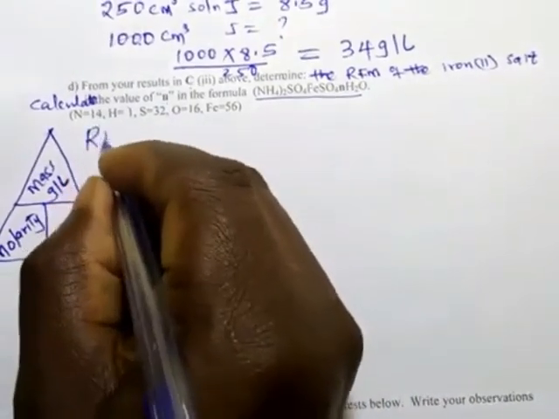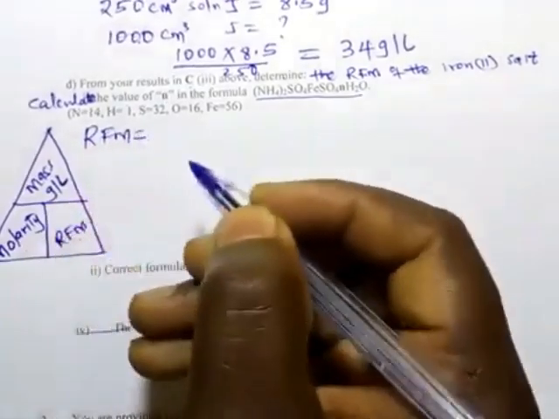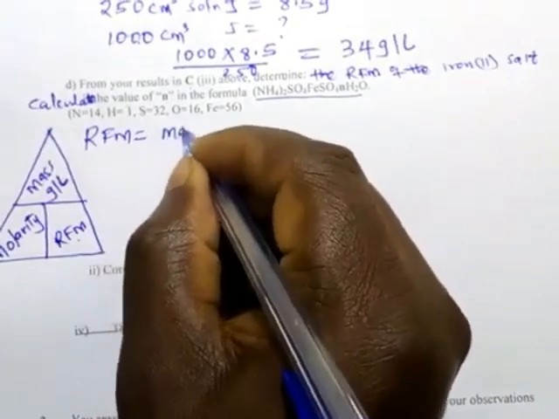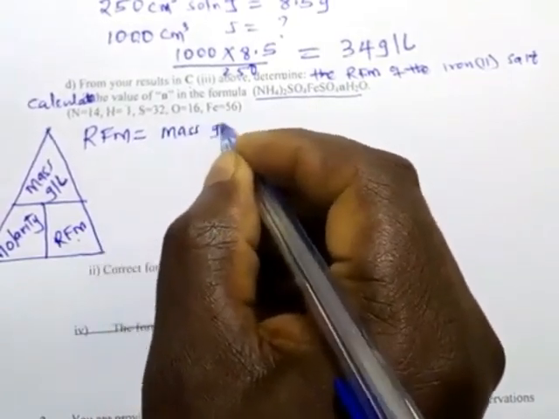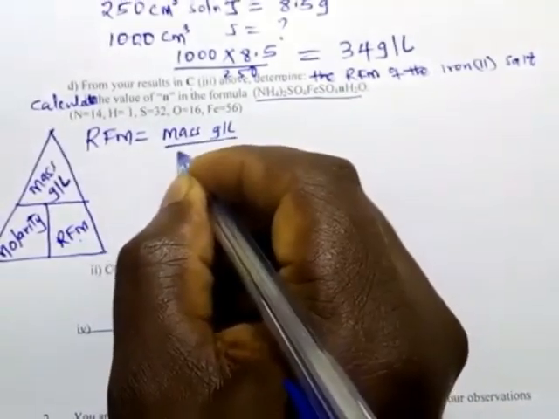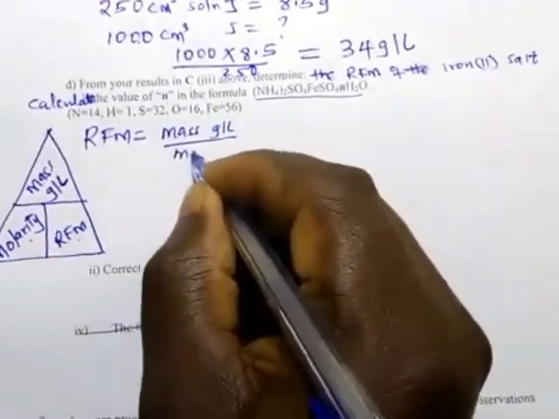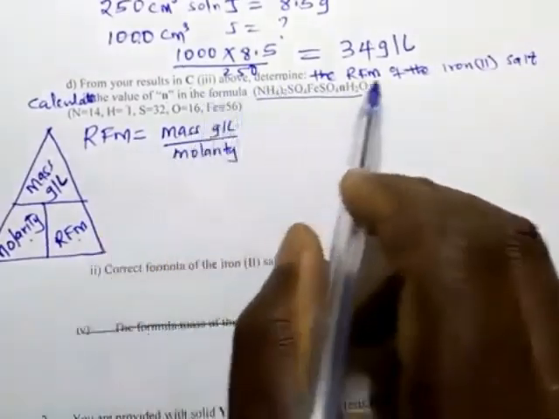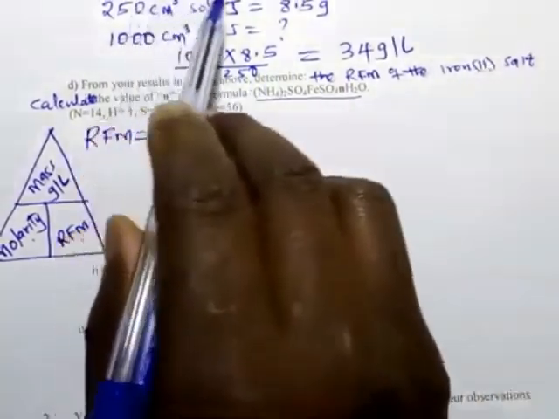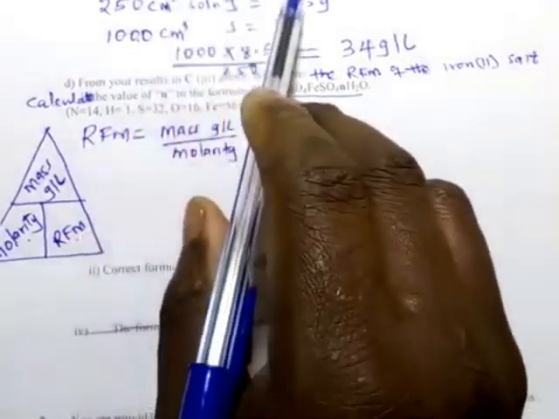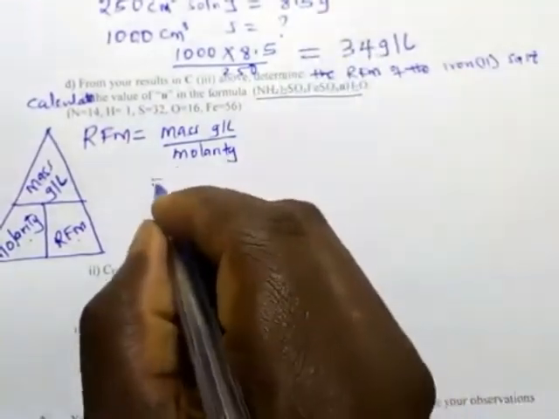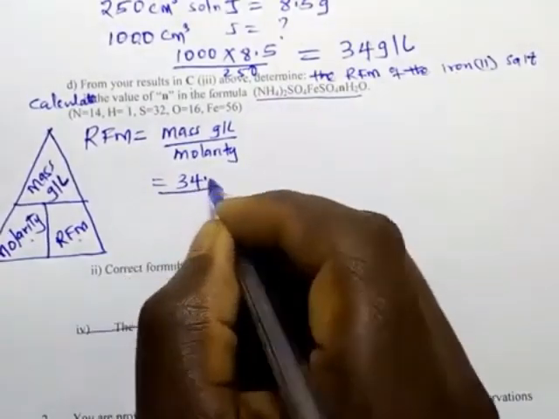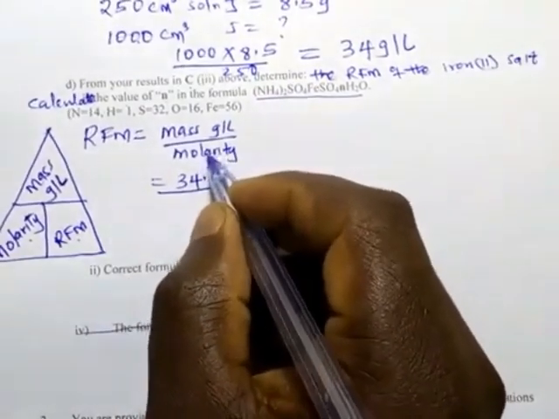So RFM is equal to mass in grams per liter divided by molarity. We are talking about the iron 2 salt. We have, which is solution J, we have the mass in grams per liter, which is equal to 34, divided by molarity.